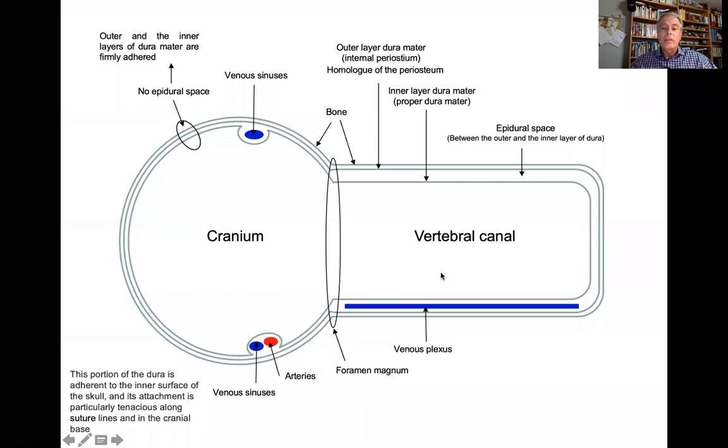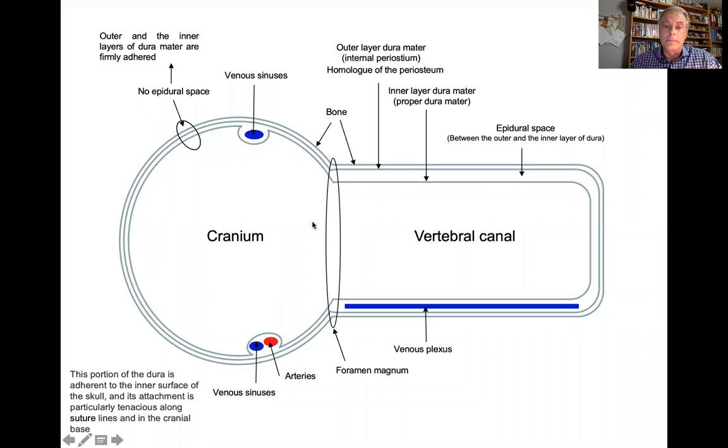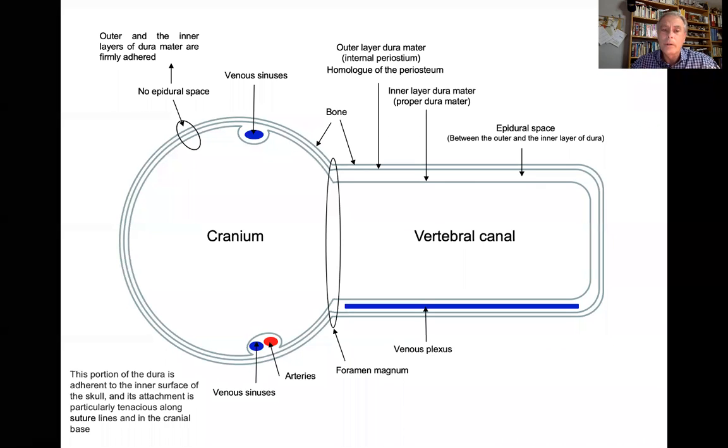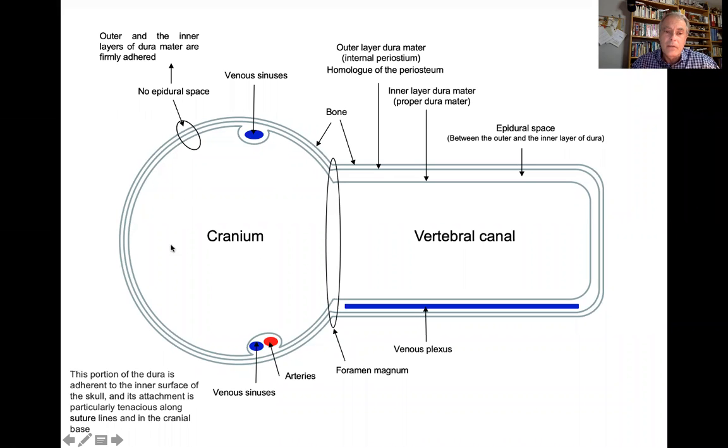So having reached this point, it is important to notice a very important feature. In this drawing, I have tried to draw, this is the cranial cavity and this is the vertebral canal. Look, the outermost layer is bone. So it's a vertebra here, or a bone that forms the cranial cavity.